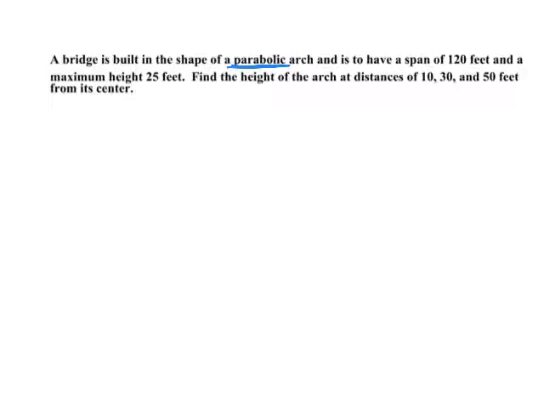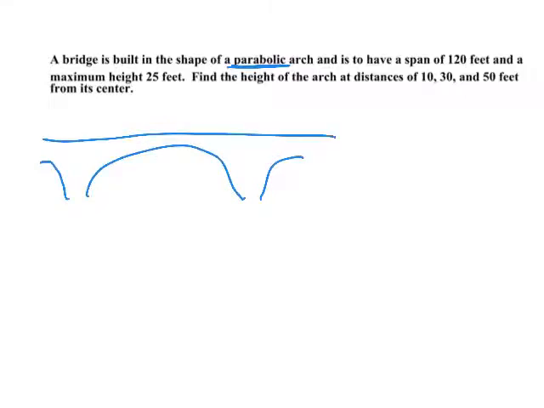So let's draw a little picture here. So, you know, if you've ever been on the Merritt Parkway, the bridges kind of look like this. And here's the roadway up top, or you could even have the road going through. So the parabolic arch is this shape right here.